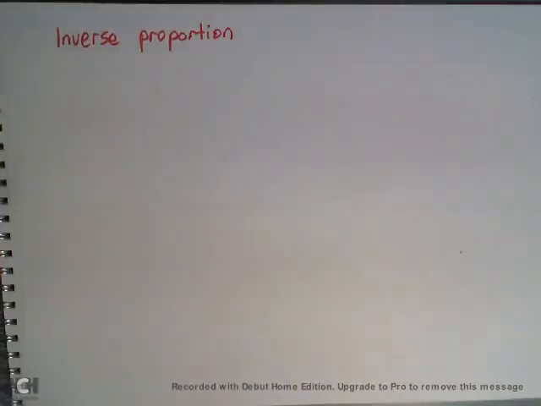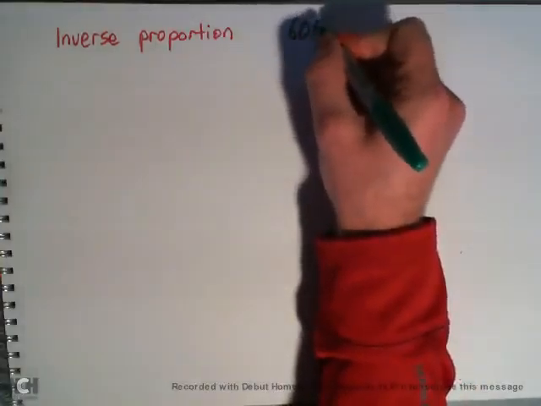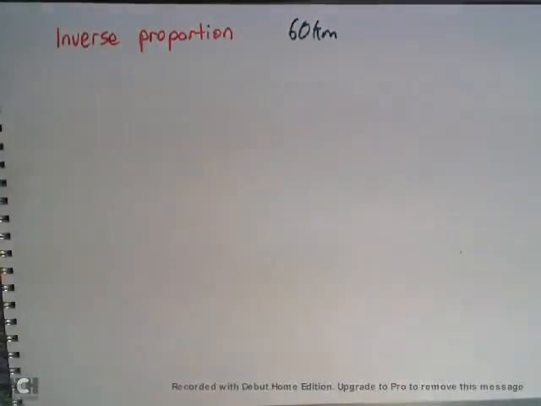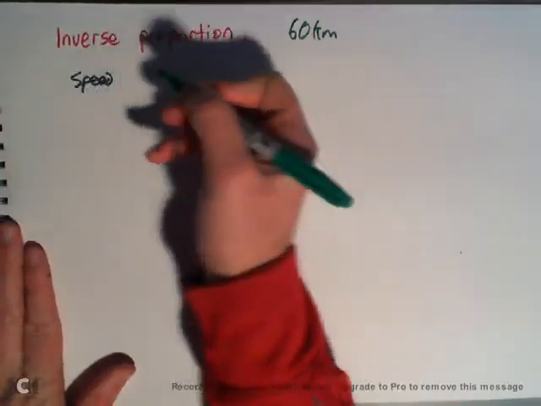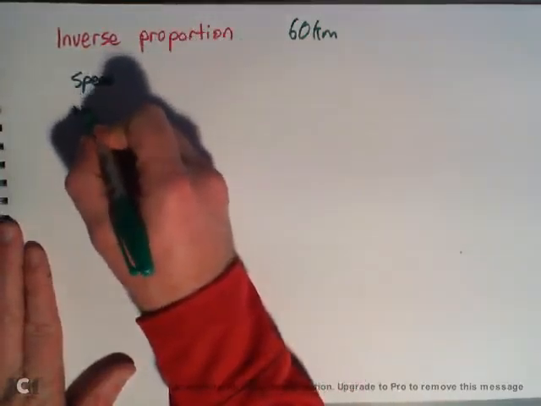So the time to travel a fixed distance depends on the speed of travel. For a distance of 60 k's, the time taken for some different speeds is going to be shown. So we've got speed and we've got time.